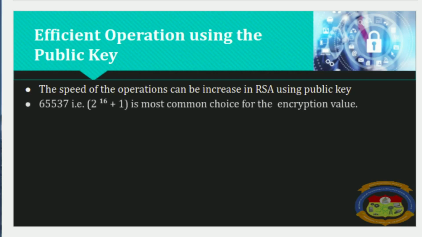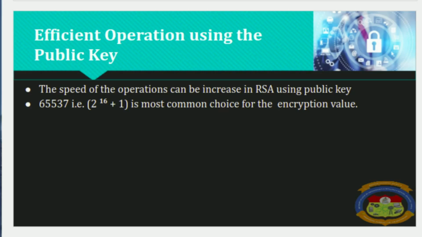Almost all common choices are used for the value of e, that is, the encryption exponent. The common choice is 65,537, which means 2 raised to the power 16 plus 1, and 3 and 17 are also the most common choices. These choices have only 2 one bits, because of that, they require minimum multiplications to compute the exponentiation.